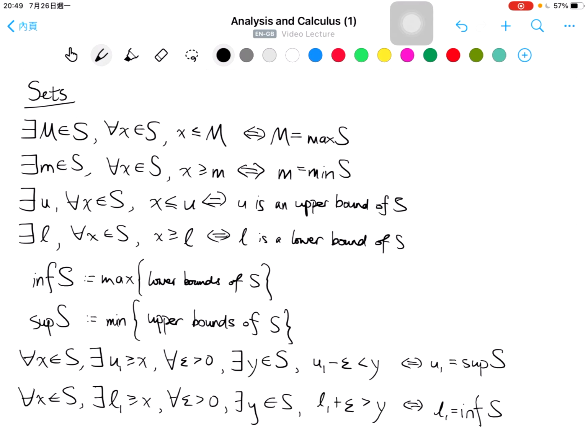So that's it for supremum and infimum. That's all we have to know here about sets, and then we can go on to functions that we have not met before, like the Dirac function and the Riemann function.